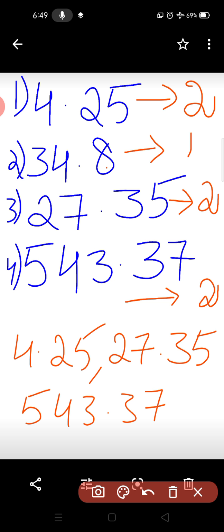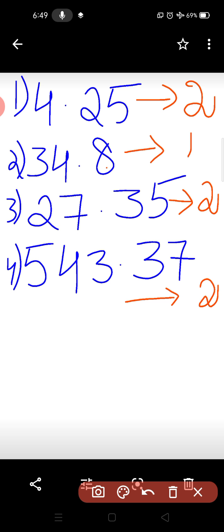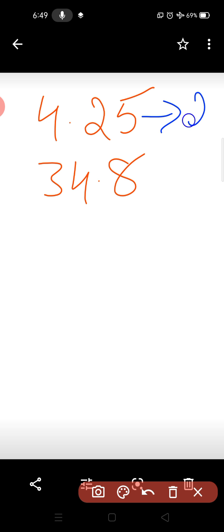For example, if you take the first 2 decimal numbers, 4.25 and 34.8. Here, how many digits do we have in the fractional part? Here 2 digits and here only 1 digit.